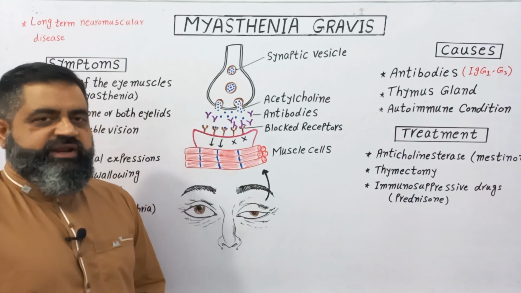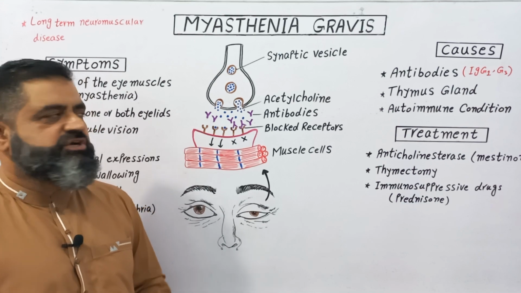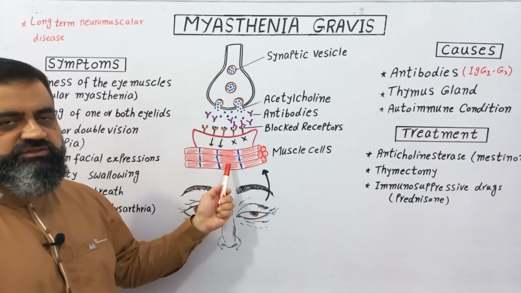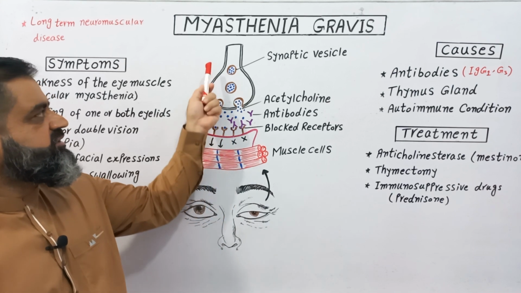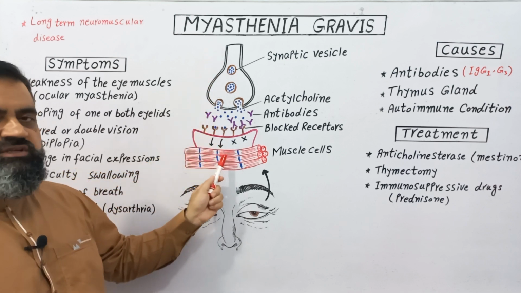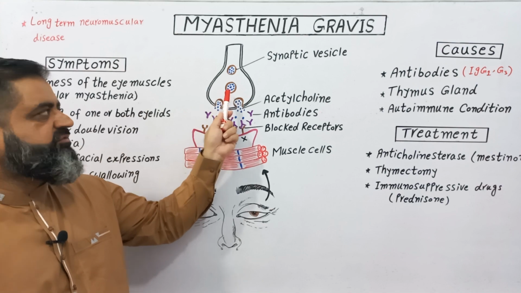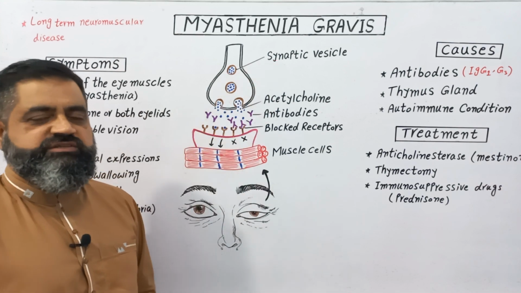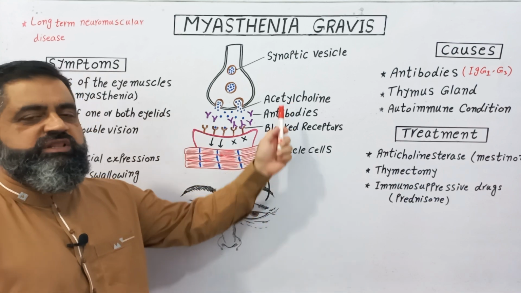For a muscle to contract, it needs to receive a message from the nervous system, which comes through the neuron towards the muscle through the synapse. So what is the mechanism when a nerve impulse starts coming towards a muscle? It reaches the terminal end of the neuron, where synaptic vesicles are present which contain neurotransmitters, especially acetylcholine in this case.